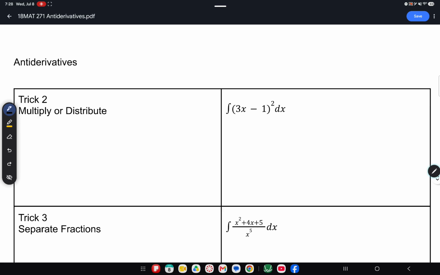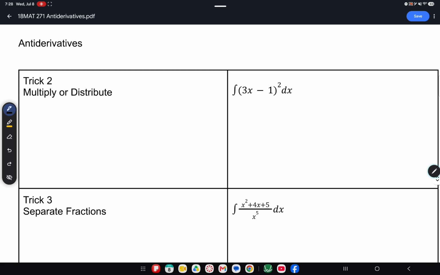All right, until we learn substitution, which is a lesson for another day, we might have to actually multiply some things out. So 3x minus 1 squared is going to give us 9x squared minus 6x plus 1. Then let's think, what is going to give us a derivative of 9x squared?